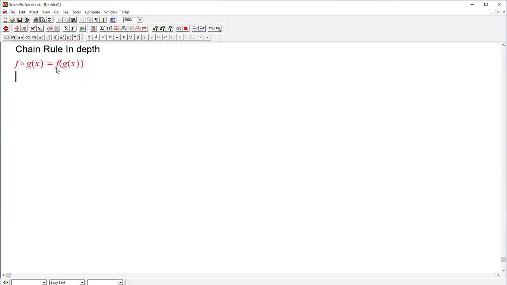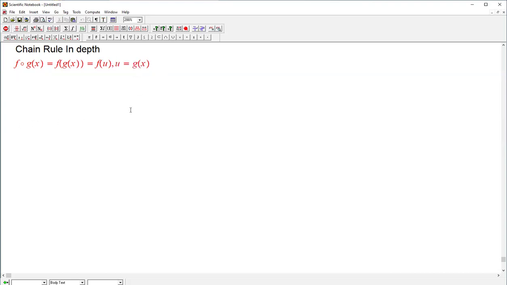We have two layers of function here, and now we're going to introduce an intermediate variable. This intermediate variable is called u. We assume u is equal to g of x. So as a result, f composite g of x can be written as f of u, where u is equal to g of x.